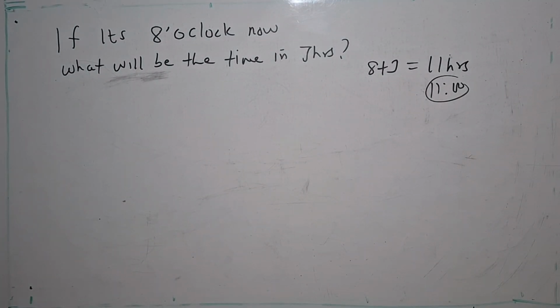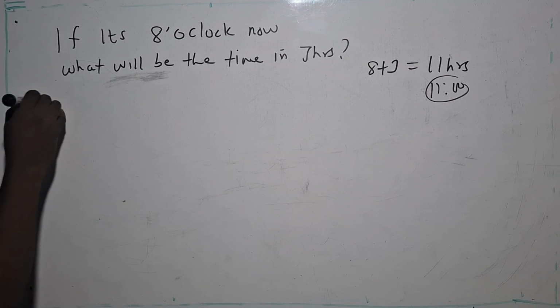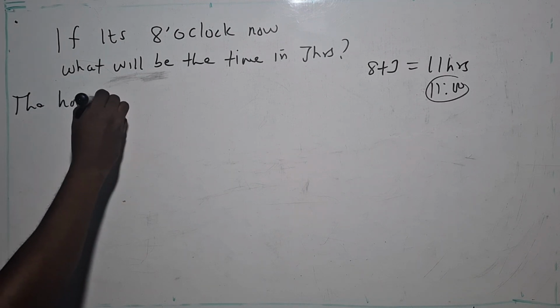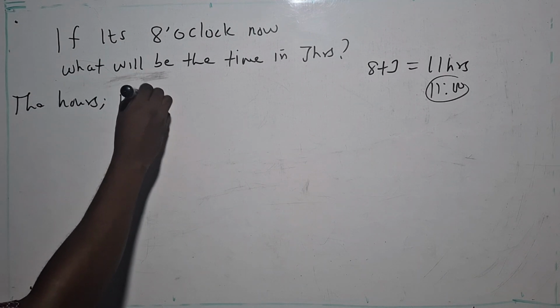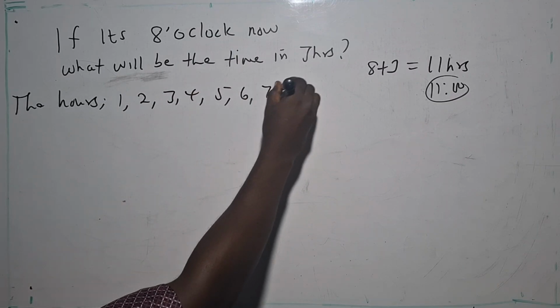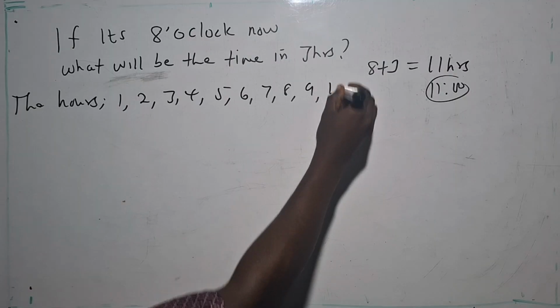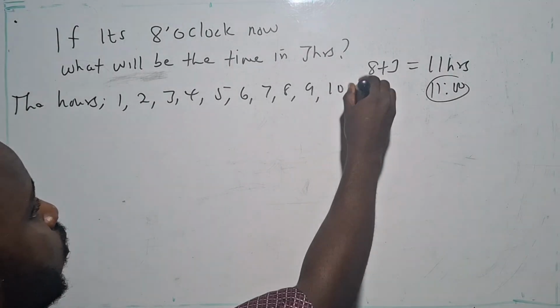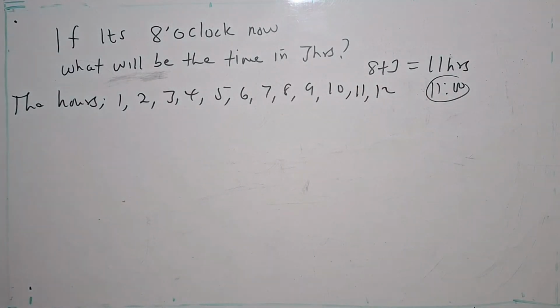Now one thing to understand is that for the hours of the clock, we have 1 up to 12 when we are moving clockwise.